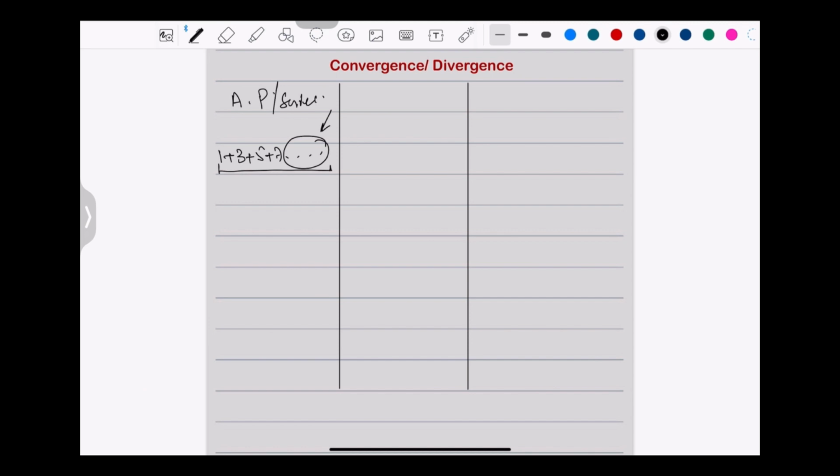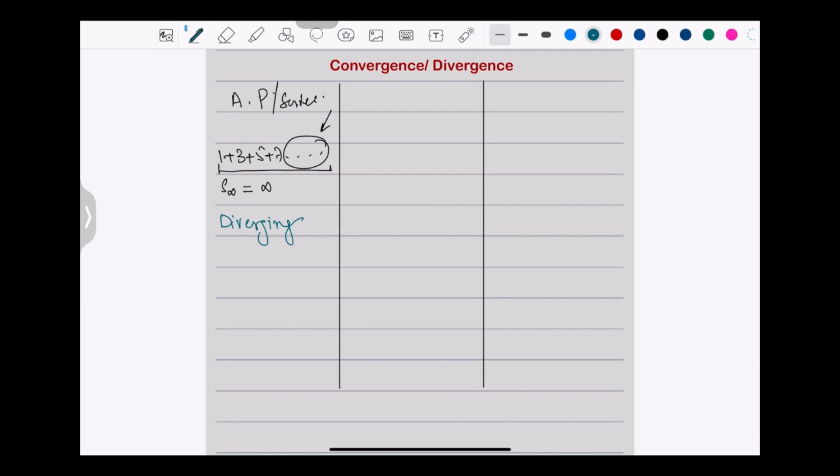So if I say what is the sum to infinity of it, we'll straight away say it is going to be a very large number, hence infinity.